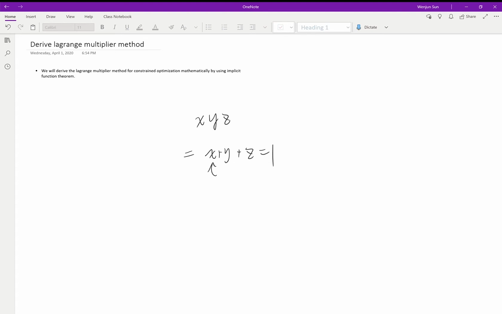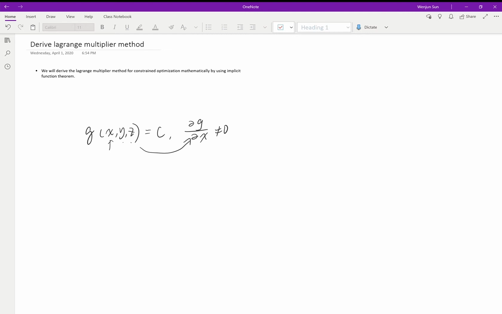The implicit function theorem tells us that if you have a function, say g of x, y, z equals a constant, and if del g over del x is not 0, then we can solve x in terms of y and z differentiably, of course, provided that condition. And now we're going to make a simple assumption. We're just going to try the 3-variable case, but the method, of course, generalizes easily to higher dimensions.